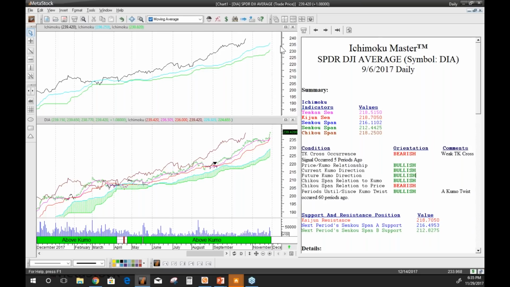The other thing that I learned while I was reading through this that might be helpful is the wider the distance between the top and the bottom of the cloud, the more valid that support and resistance will be. So when you have a signal like what happened right here, and the cloud is wider than normal, there's a stronger likelihood that it's going to bounce off of support, or that this cloud is going to hold. Whereas with a skinnier cloud, it has less validity. Is that a good way to explain it?